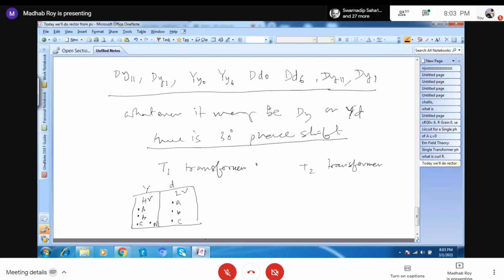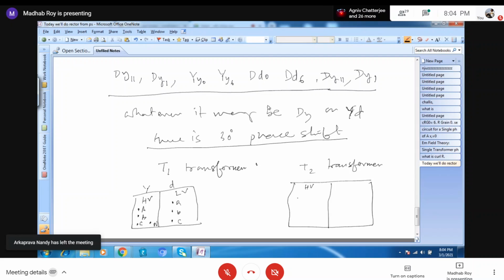Similarly, here also is another transformer like this. You see that there is another transformer, only the outside box is there. So the HV side is like this: A, B, C, and the neutral. Already you know that.